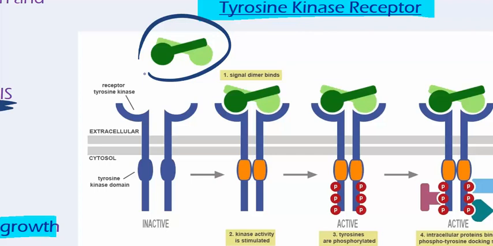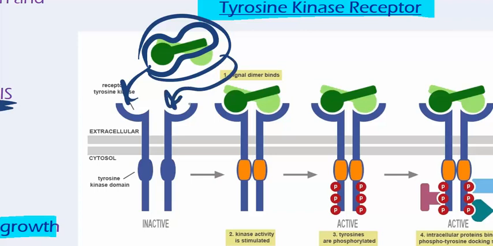One of these is going to bind to one of the subunits of the receptor, and then the other is going to bind to the other subunit of the receptor. These subunits are separate, and once the growth factor binds to each subunit of the receptor, they come together and dimerize.